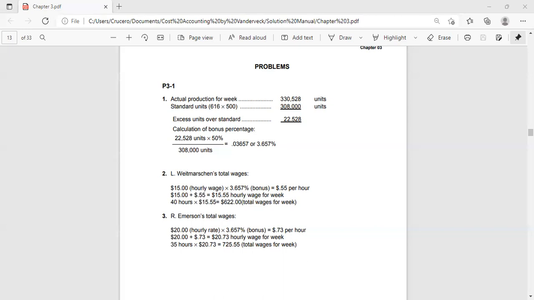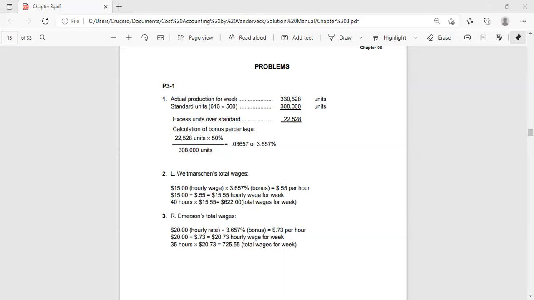So that gives us $0.55 per hour. So 15, we have now the bonus of 0.55 per hour, so that gives us the total hourly rate of 15.55.